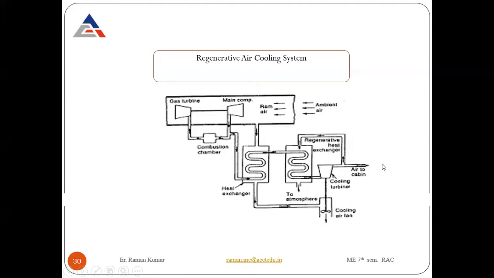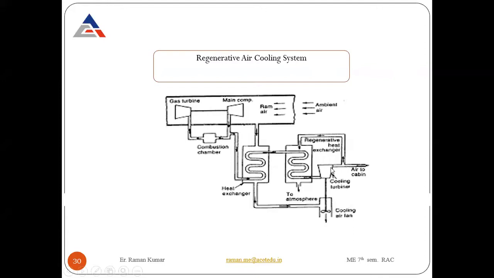Some of the air will go to the atmosphere and the remaining air will pass through this regenerative type heat exchanger. The temperature of this air is much lower than that of the air which is passing through the regenerative type heat exchanger, which is cooled first with the help of this cooling turbine.